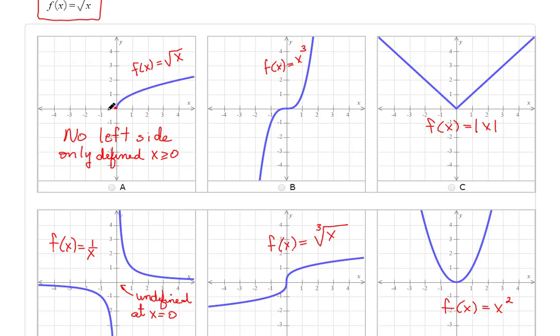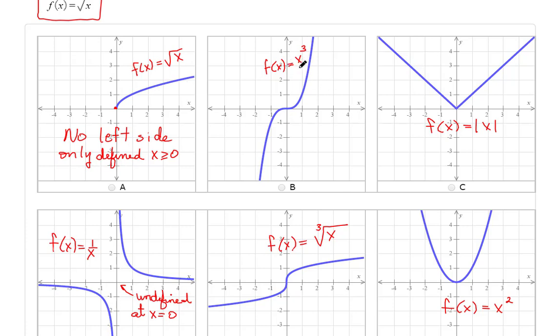Now notice there is no left-hand side to it. And the reason for that is it's only defined for x's greater than or equal to 0, because the square root of a negative number would be complex. So, square root of x starts at 0, goes off to the right.